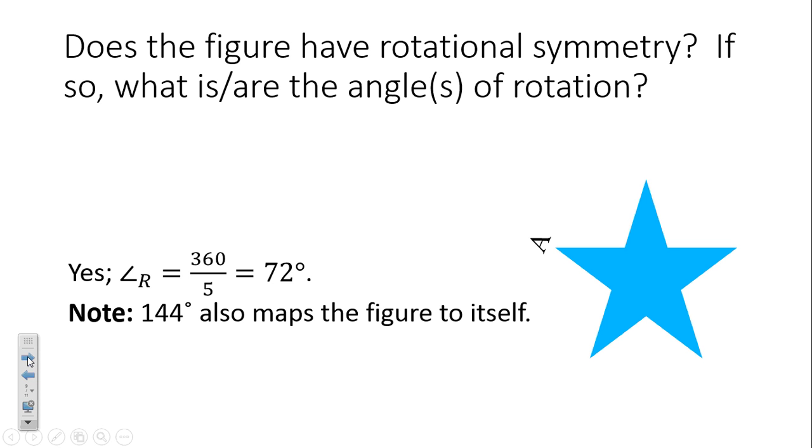So when they ask if a figure has rotational symmetry, you say yes, and you tell us what type. This one has a rotational symmetry of 72 degrees because it has 5 equal parts, and 360 divided by 5.